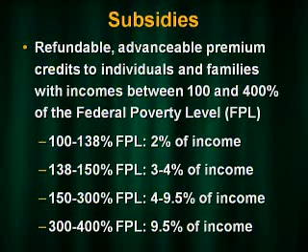If your income is in the neighborhood of 300 to 400% of the federal poverty line, you're still eligible for a subsidy, but that subsidy is available to you only after you've paid 9.5% of your income towards health insurance. So the amount of the subsidy sort of declines as your income rises, and above 400%, you're not eligible for a subsidy.